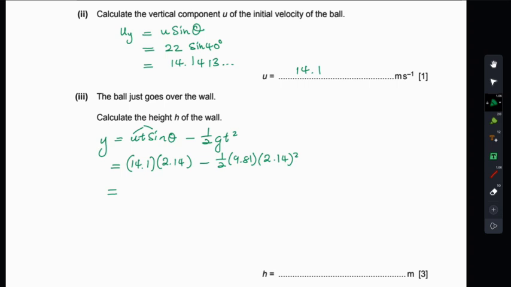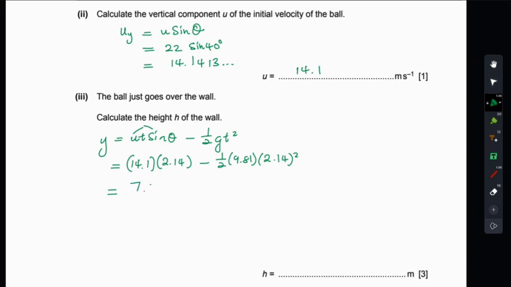So what do we get here? 14.1 times 2.14 minus half of 9.81 times 2.14 squared.